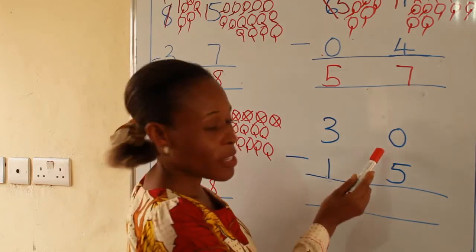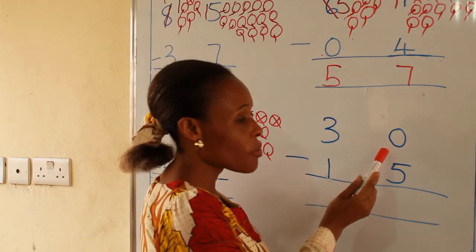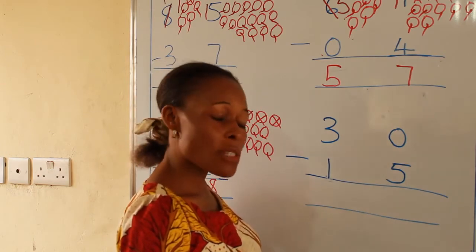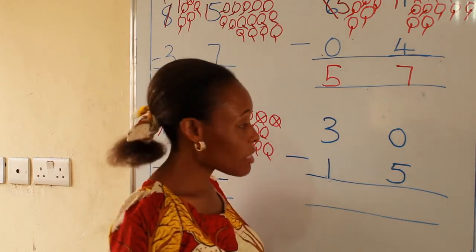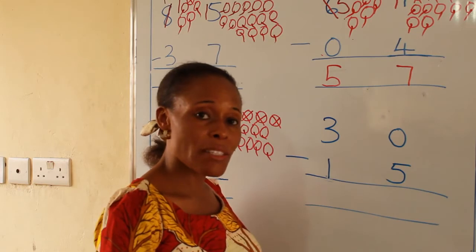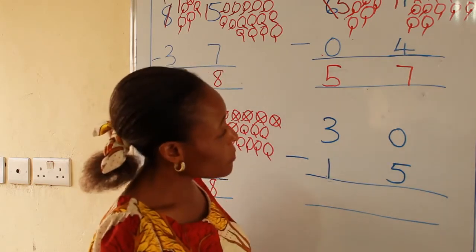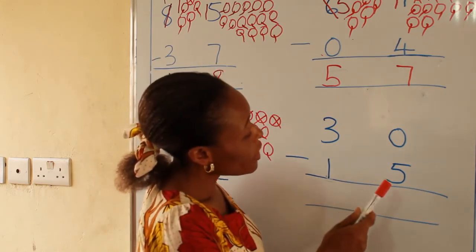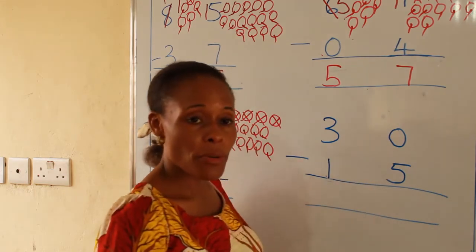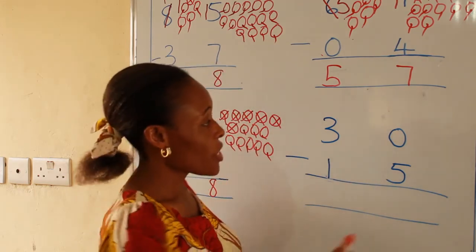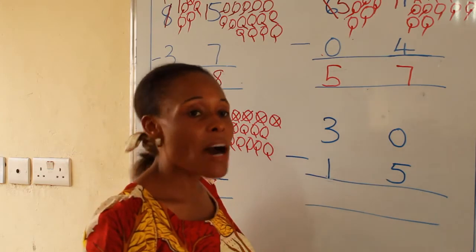Children, what number is this? This is 0. And don't forget the concept of 0, which means nothing. 0 means what? Nothing. And so, because you cannot take away 5 from 0, all 0 needs to do is move over to number 3.